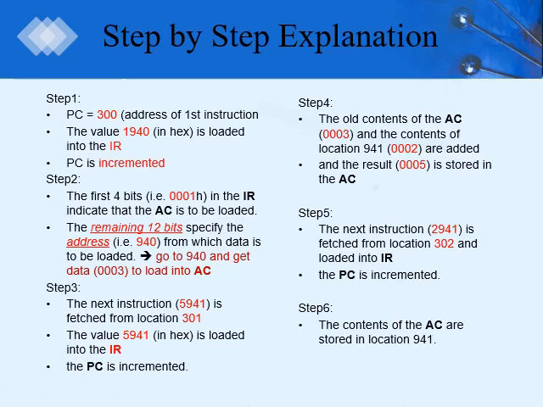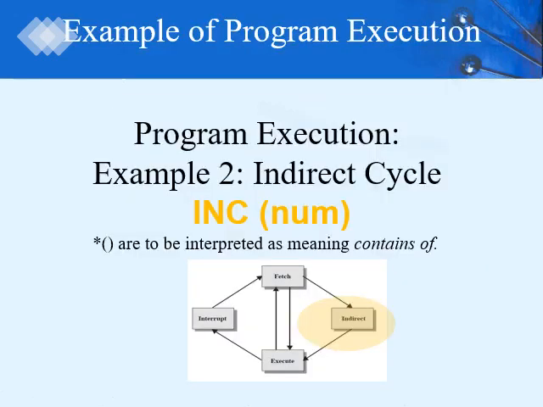We move on to example 2 to show you an indirect cycle. The instruction is increment num in a bracket. Stallings interprets bracket as contents of. So bracket num in a bracket represents indirect addressing.